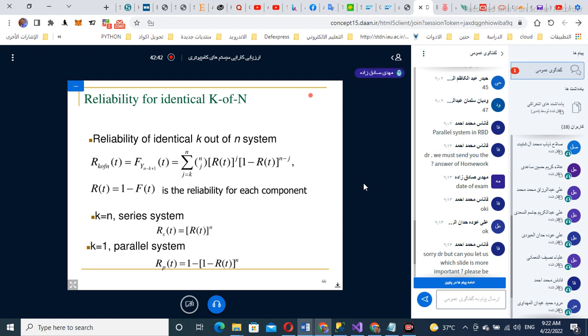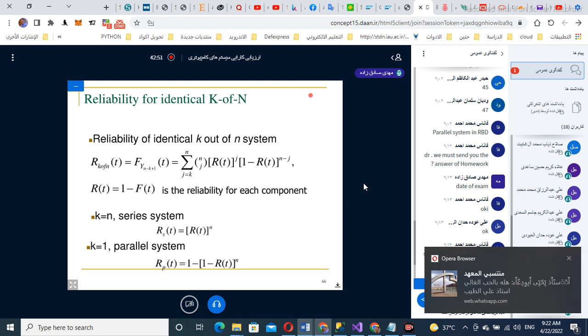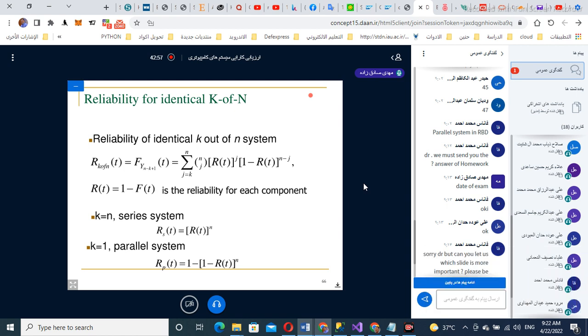Reliability of an identical K-out-of-n system. That is the reliability of K of n at time t, which is the failure of n minus K plus 1 at time t. This means when K components work, n minus K plus 1 do not work, failure.